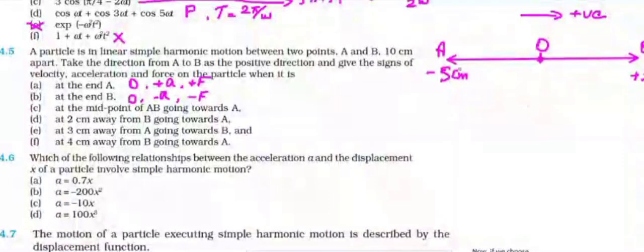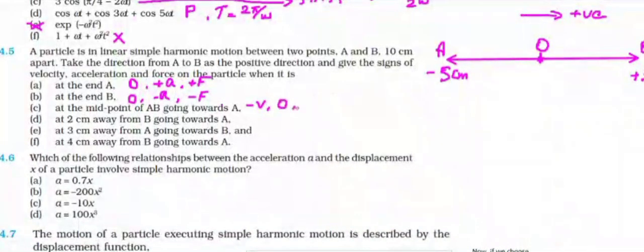The next part is at the midpoint of AB going towards A. Midpoint is the mean position. Going towards A means velocity is in the negative direction. So velocity is negative, and at the mean position, velocity is maximum while acceleration is 0 and force is also 0.